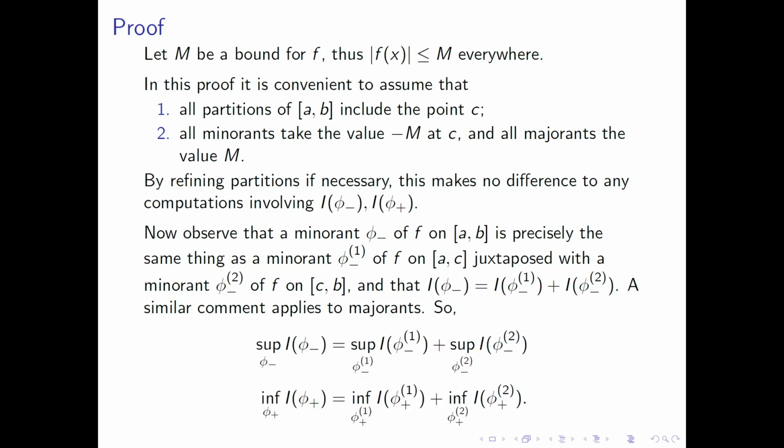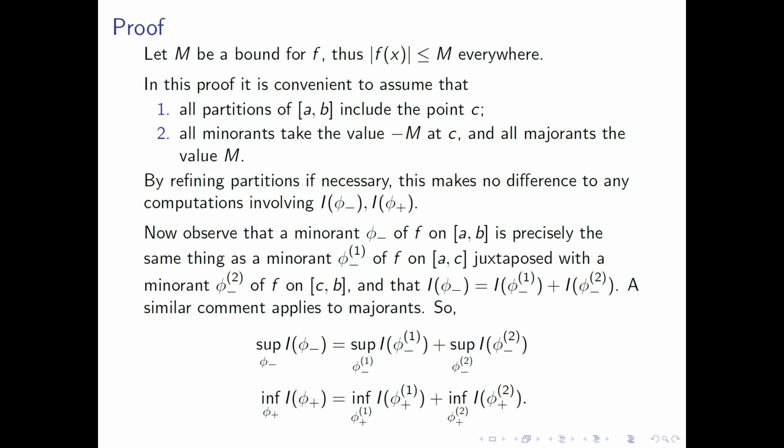Okay, so we're assuming that f is integrable, right? So we want to look at the supremal possible value of the integral of phi minus over all minorants for f. But subject to the above provisos, any minorant for f is just obtained from a minorant for f restricted to AC and a minorant for f restricted to CB.